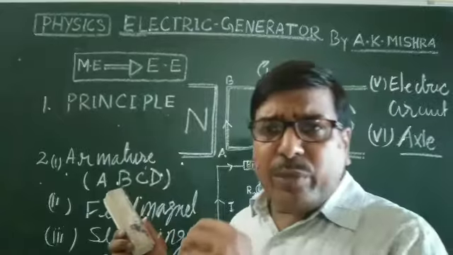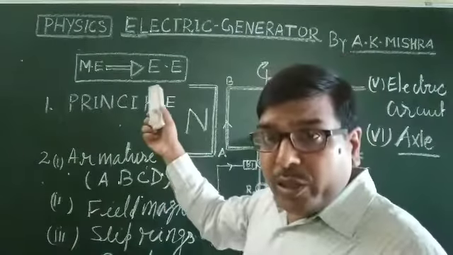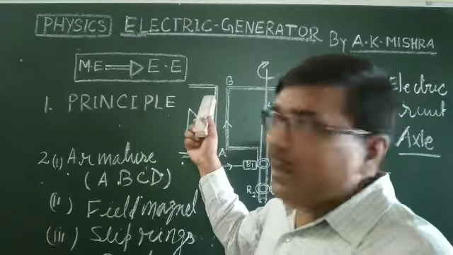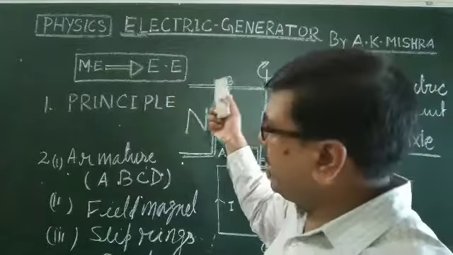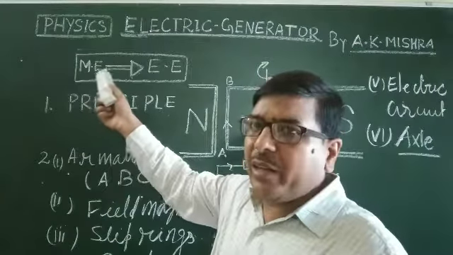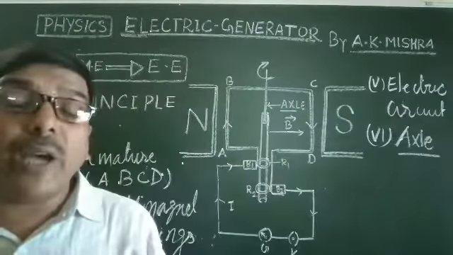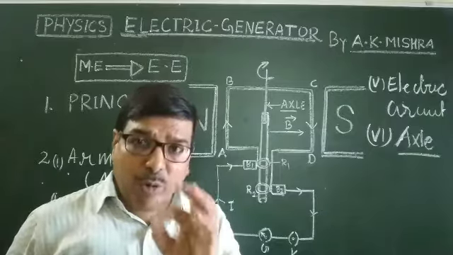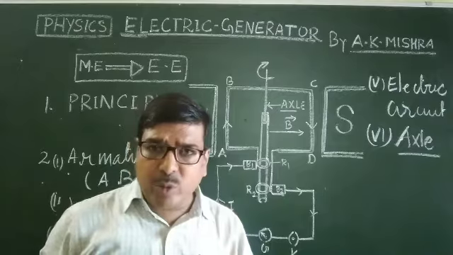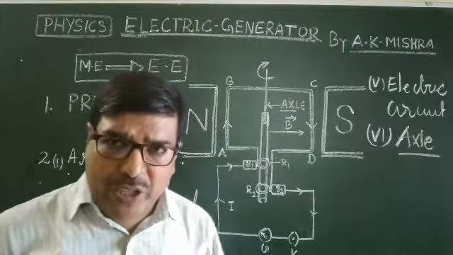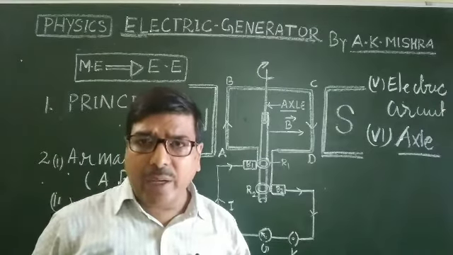A small source like cells can be used, but the electric generator is also called a dynamo, and it generates electricity by the conversion of mechanical energy into electrical energy. I hope this concept, function and principle will help you increase your knowledge in the field of electric generator. Okay, thank you.